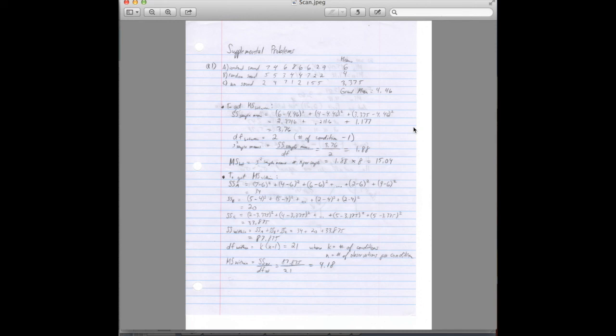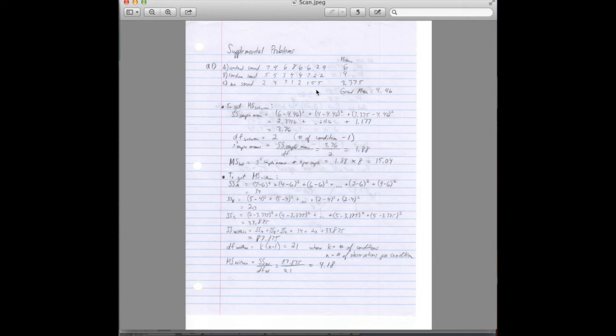So in order to get the SS of the sample means, since it's a between term, that means it's between the means. So that just means that you do the mean of A, which was 6, and then the deviation from the grand mean squared.